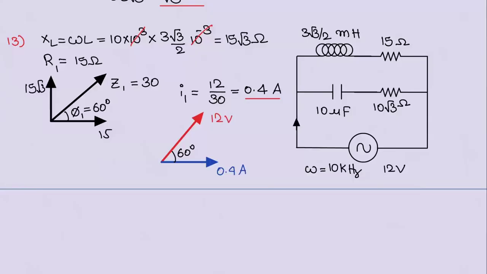Lower circuit, I'm going for XC is equal to 1 by omega C. What is omega? 10 kilo. C is 10 micro, so 10 into 10, 10 power 3 will come. So 100, this is 10 ohm.